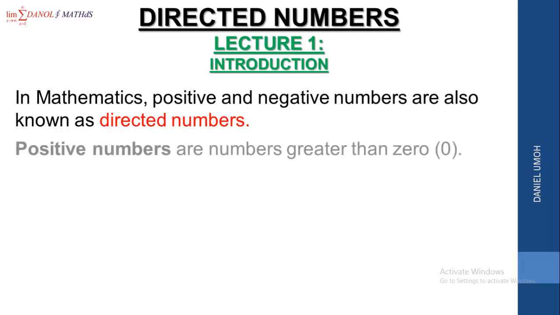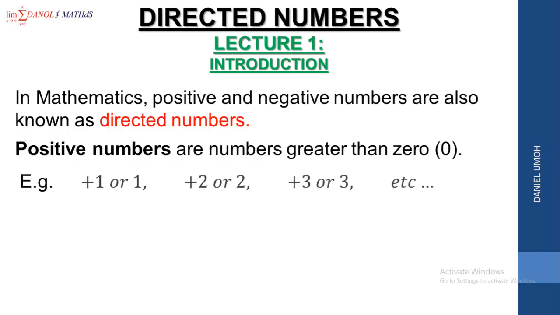Now, positive numbers are those numbers that are greater than 0. Any number that is greater than 0 is known as a positive number. Examples of positive numbers are, let's say, +1 or 1.